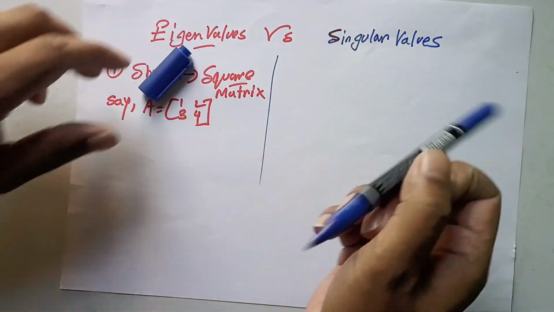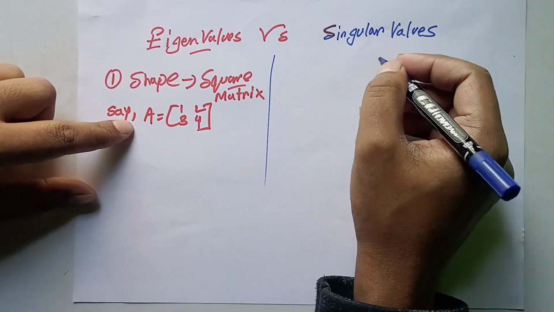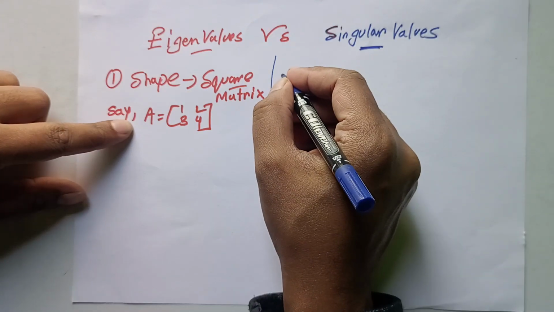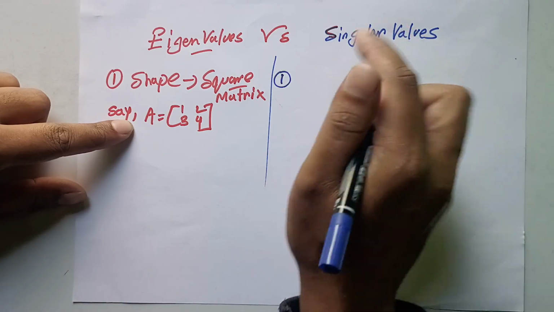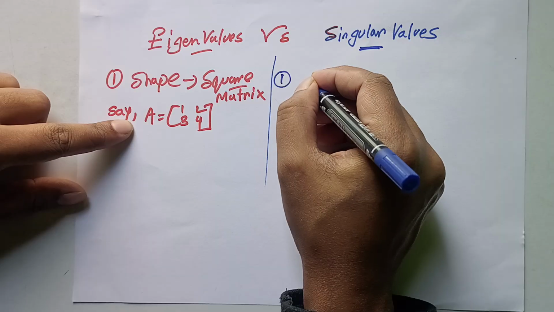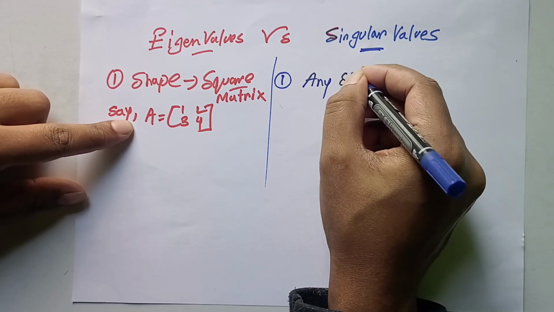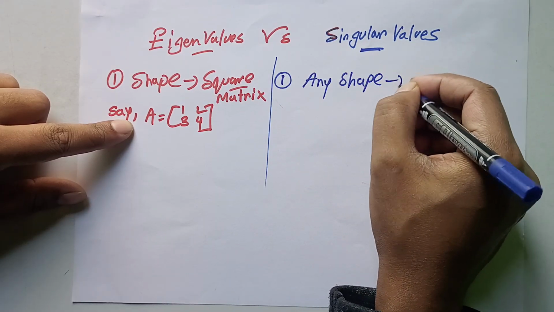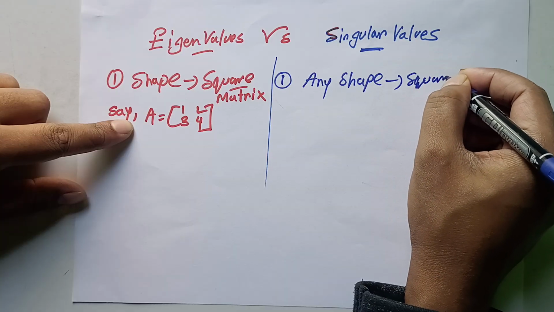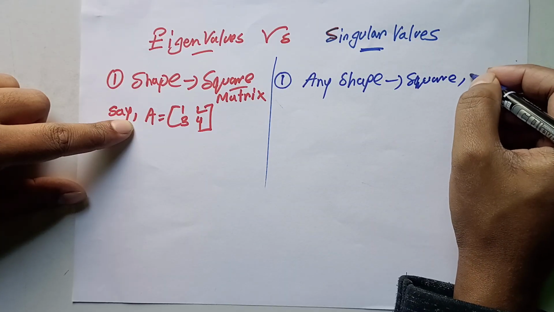On the other hand, for singular values, you can find singular values from any shape, like square, or you can say rectangular.